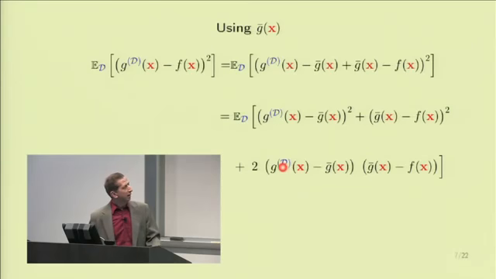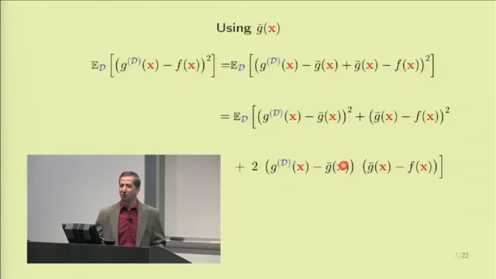Now, I am getting the expected value with respect to D, right? So this fellow is a constant. Therefore, when I get the expected value of this whole thing, all I need to do is get the expected value of this part, because this one will factor out, right? Now, if I get the expected value of this, the expected value of the sum is the sum of the expected values.